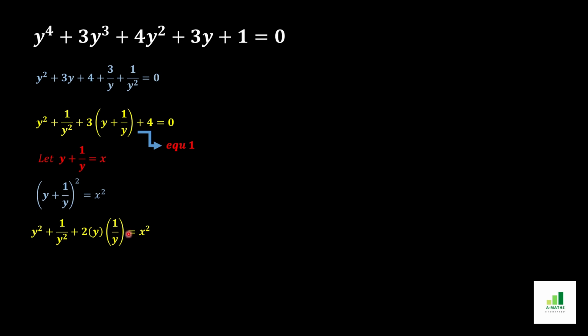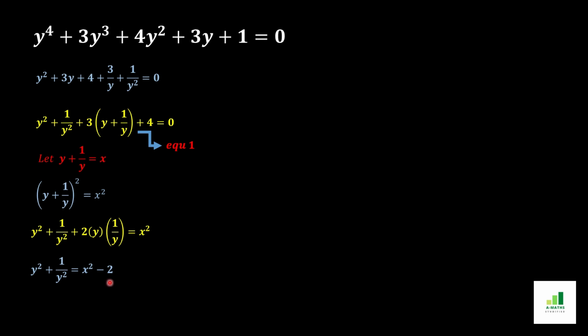This y and this y will cancel out, and after cancellation, this 2 will move to the other side of the equation and convert to minus 2. So y square plus 1 over y square equals x square minus 2.